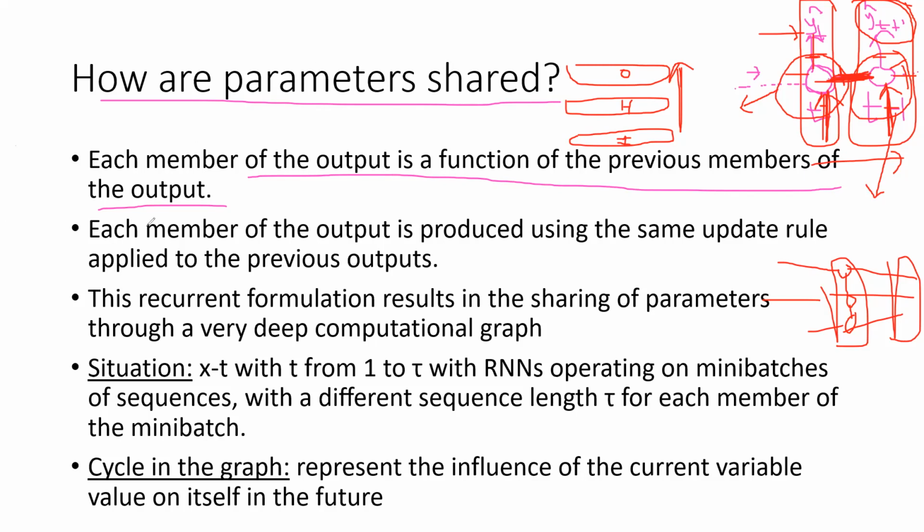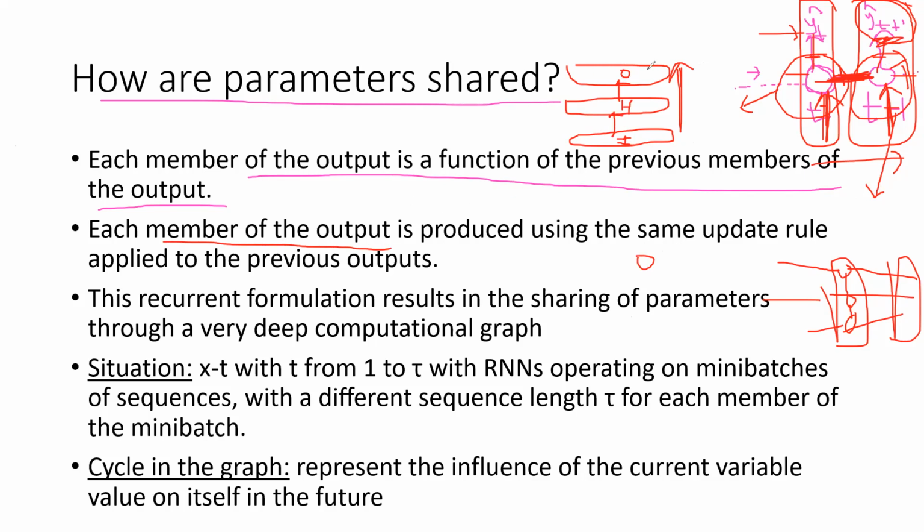Okay? So each member of the output, so let's assume that this is the output that we are getting here from this neuron. So the flow is like this. The input layer gives the data to the hidden layer. The hidden layer generates the output. Okay, so that's how it goes. The flow will feed forward from bottom to up.